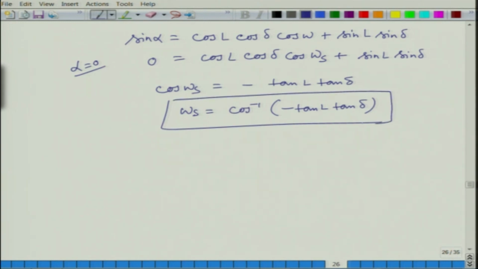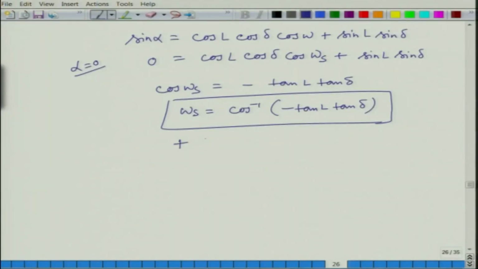So, what you can write is omega s equal to cos inverse of minus tan L tan delta. For a particular location L and a particular day of the year delta, you will have two values of omega s. A positive omega s will mean sunset and a negative omega s will mean sunrise, right.